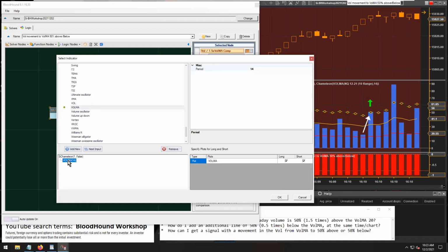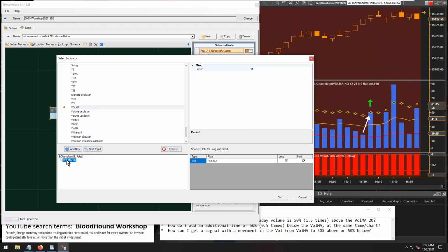And also again, if you're using a different period for the volume MA, just remember to adjust the period here. So select the volume MA on the bottom left here, and then you can change the period for the volume MA so it matches what you're using on the chart.